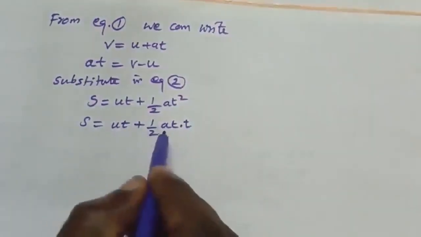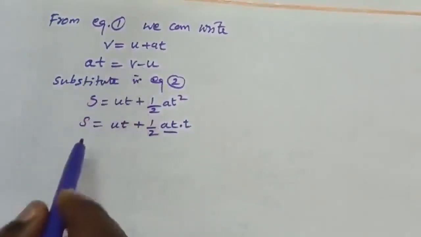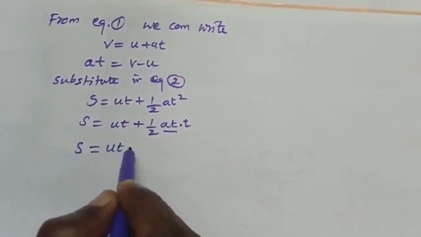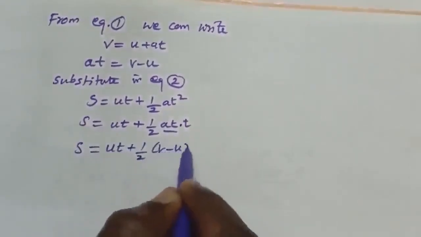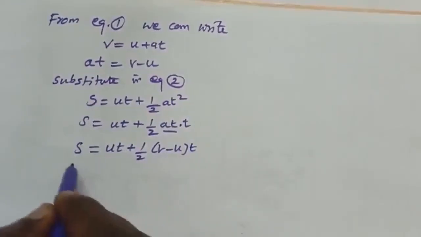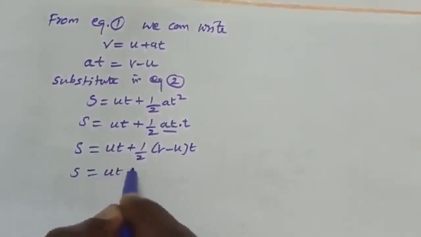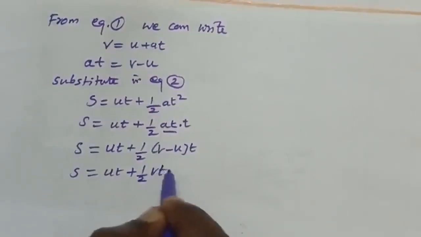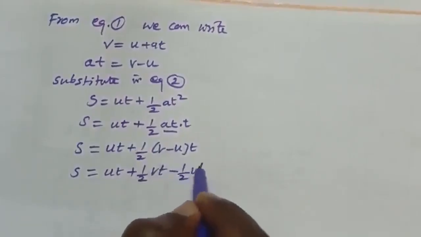Now substitute the value of at, that is equal to v minus u. Therefore s is equal to ut plus 1 by 2 into v minus u into t. Then s is equal to ut plus 1 by 2 vt minus 1 by 2 ut.